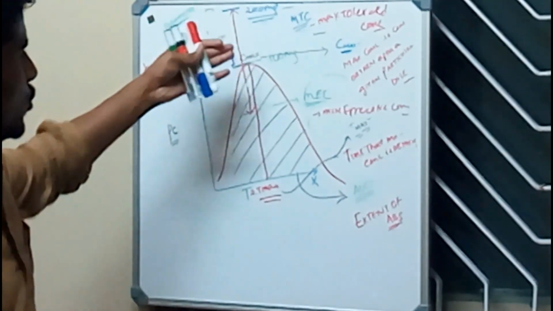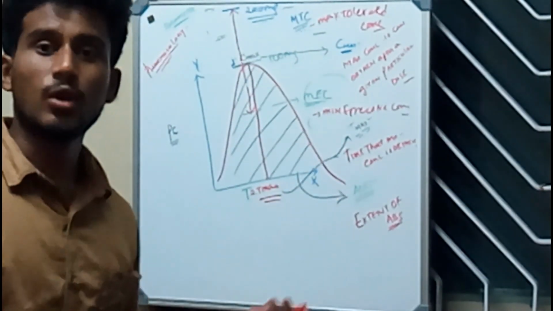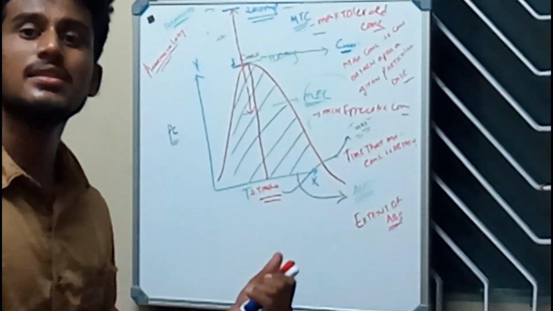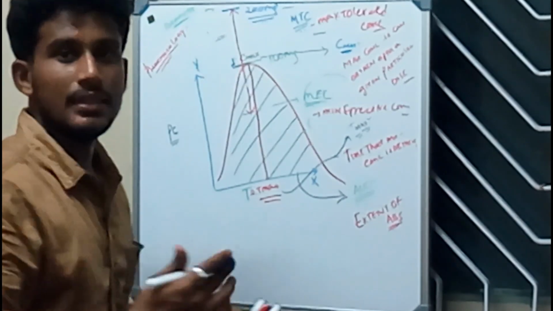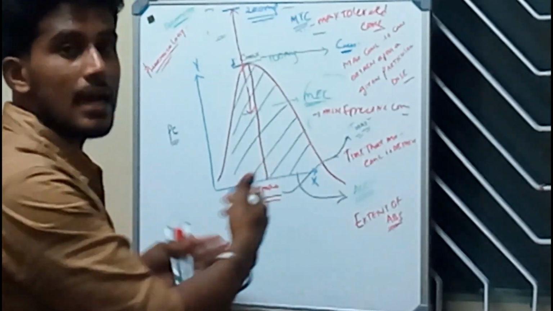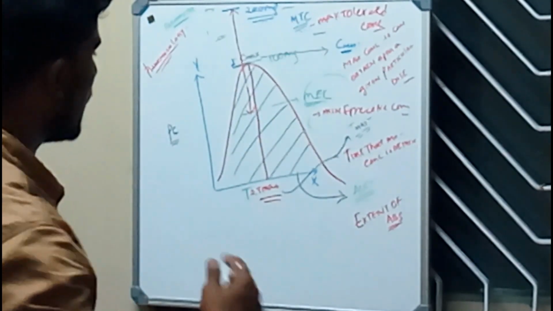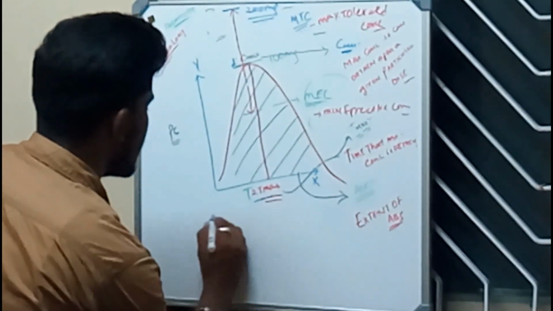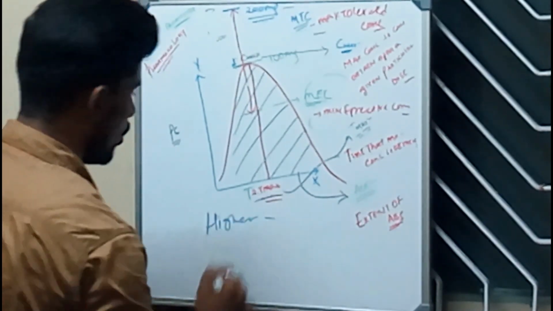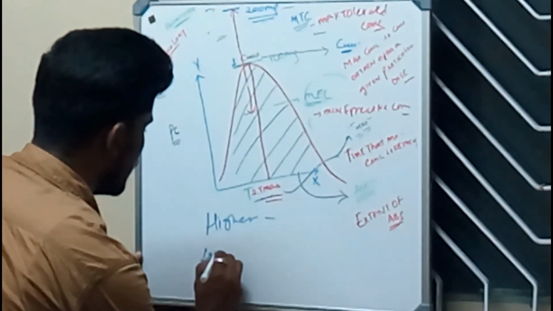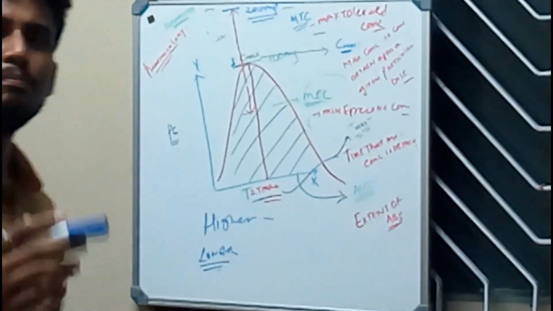We already discussed the Cmax. What is the Tmax? Tmax is the time at which the maximum concentration is obtained. What happens if the Tmax is higher, or if the Tmax is lower? Very simple logic.